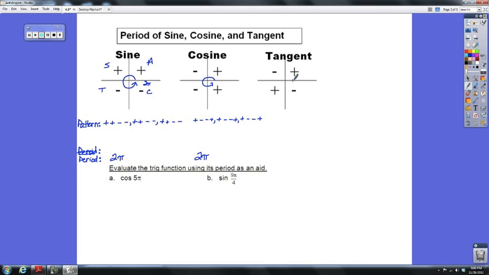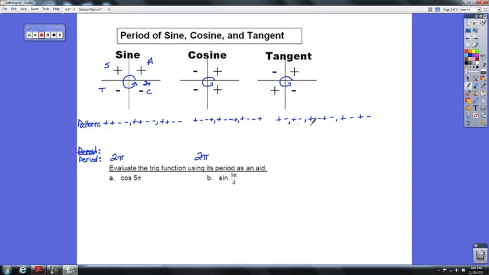Now let's see what happens with tangent. Let's start here in quadrant 1 and go around. I'm going to get plus, minus, plus, minus. Let's go again. Plus, minus, plus, minus. By going all the way around the circle, obviously I am getting the same pattern.